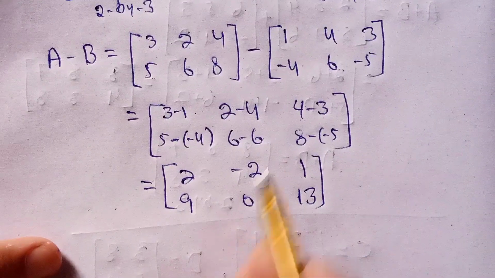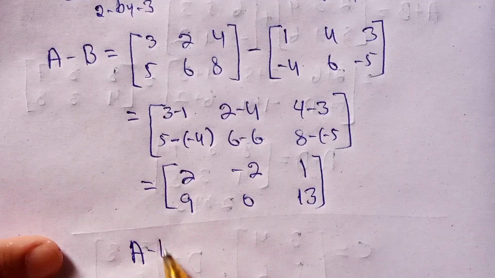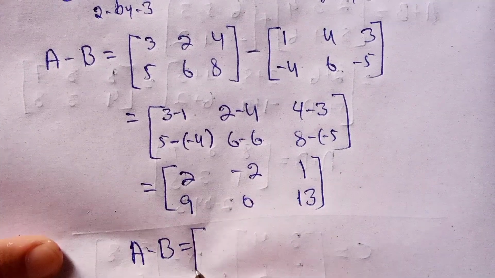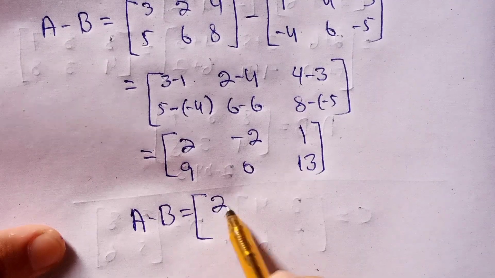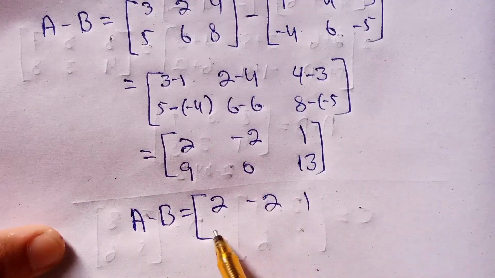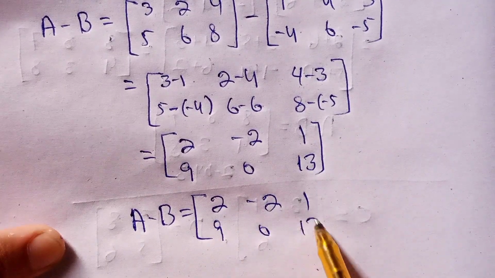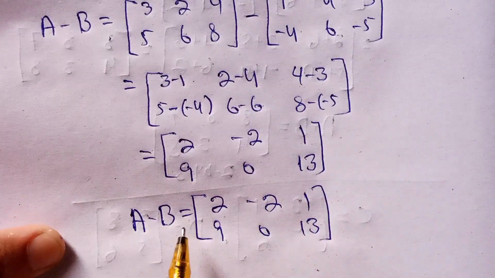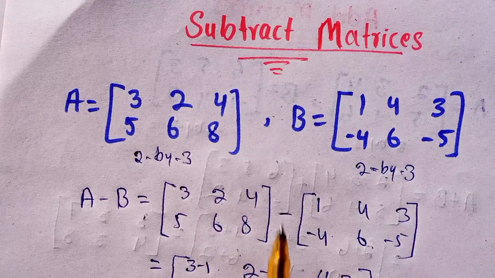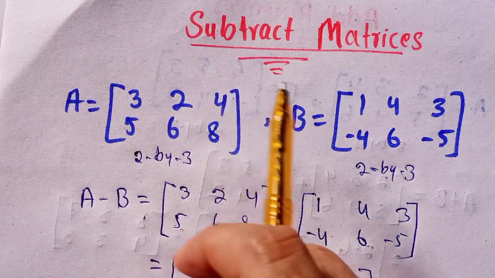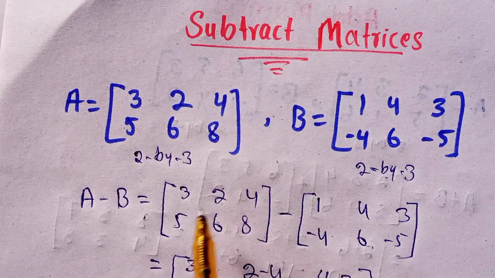So A minus B will be equal to this matrix, which contains the elements 2, negative 2, 1, 9, 0, and 13. So this is the difference of matrices A and B. So by following this method, you can subtract any two matrices of the same order.